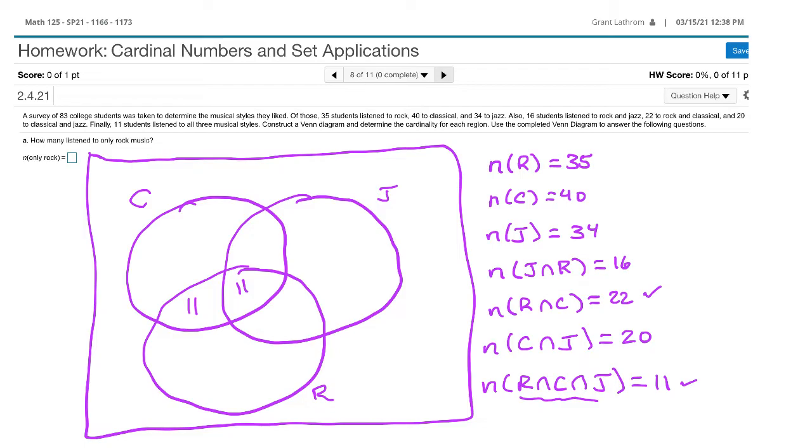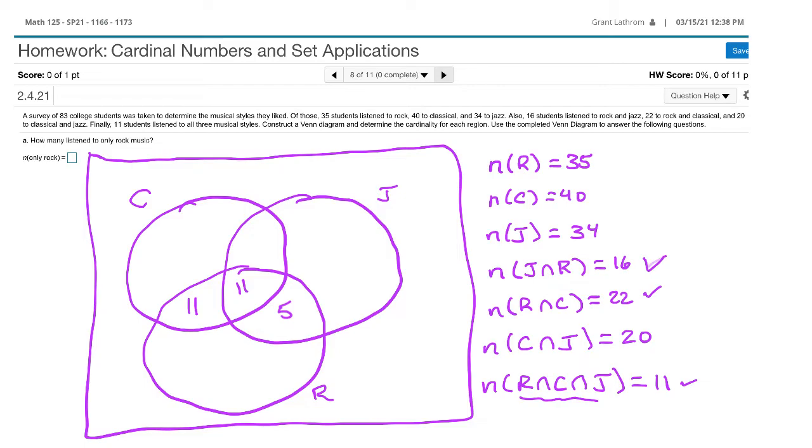Now, doing the same thing, the overlap of J and R corresponds to these two regions here. For J and R, we know that we have 16. Well, we've already accounted for 11 in there. So if we've got a total of 16, we've accounted for 11. That means we have 5 left over in this region.